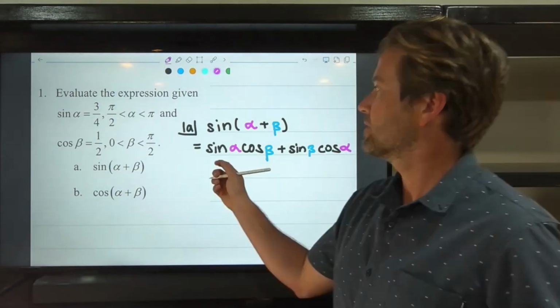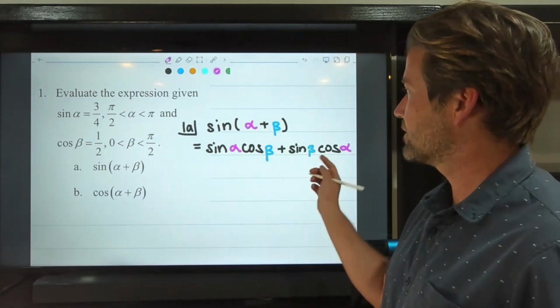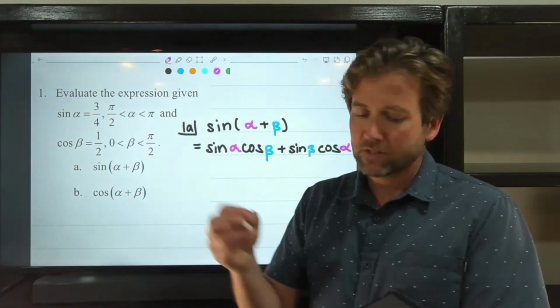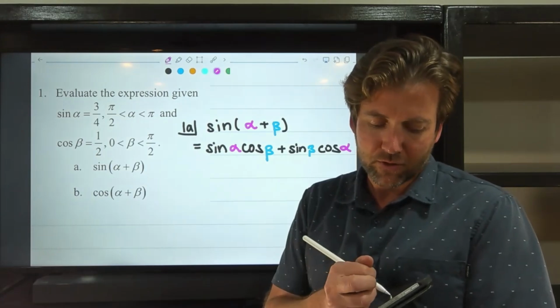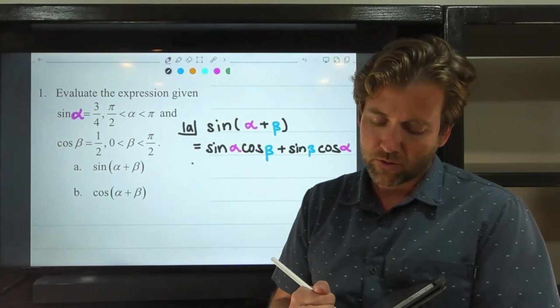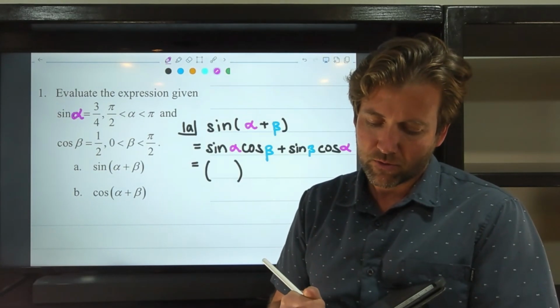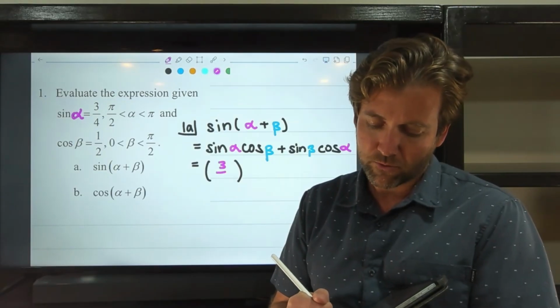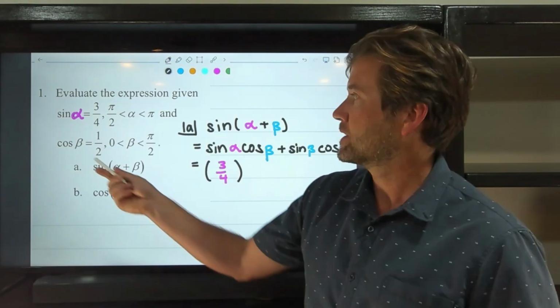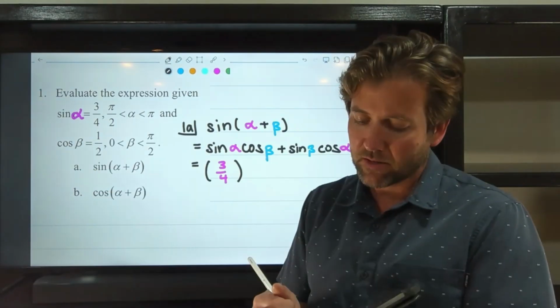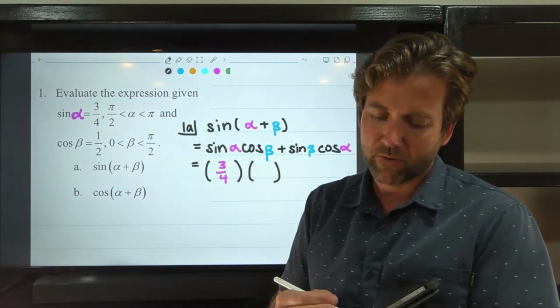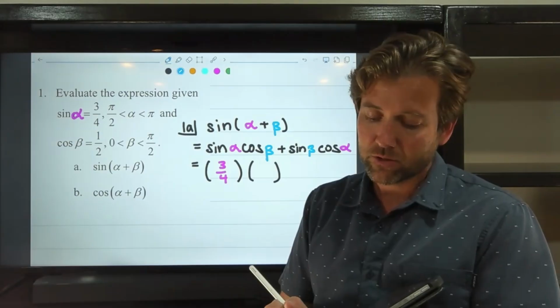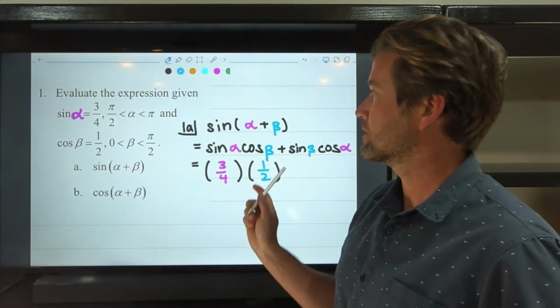So we have to figure out what each of these values are. In the directions here, it says sine of alpha is 3/4. So I'm going to replace the sine of alpha with 3/4. It says here in the directions that cosine of beta equals 1/2. So I'm going to use direct substitution and plug in 1/2 here for cosine of beta.